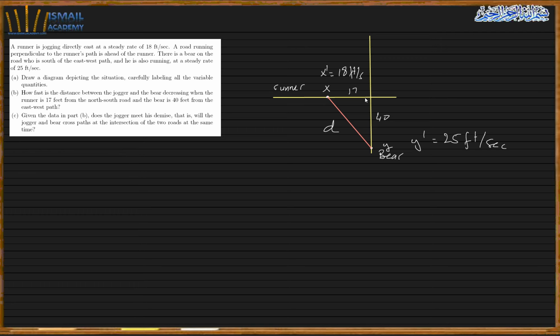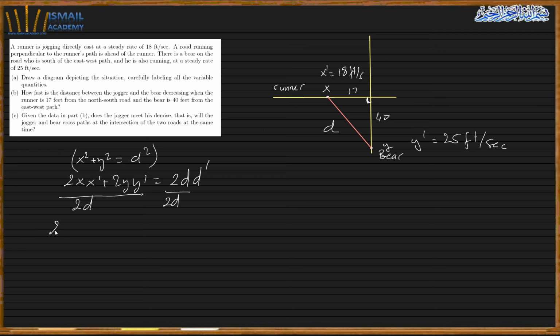So we know that this is perpendicular, so therefore I'm going to use the Pythagorean theorem. So I have x squared plus y squared equal d squared. Then take the derivative, because I'm looking for the speed of that path, how fast it is decreasing. So it's going to be 2x x prime plus 2y y prime equal 2d d prime. I'm looking for d prime, so I divide both sides by 2d, so the 2 is a common factor.